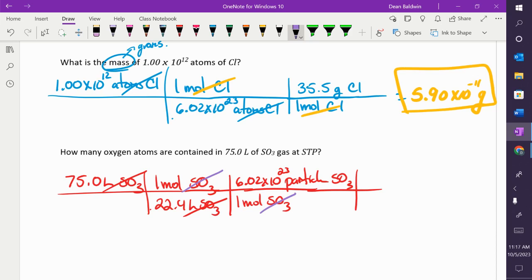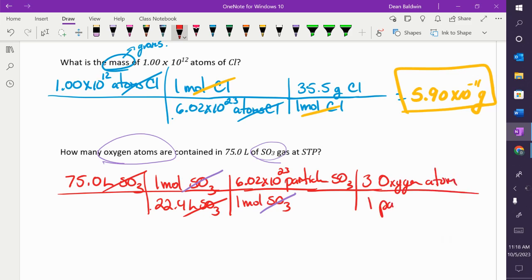So now I have particles of SO3, but what am I actually being asked? Oxygen atoms. How many oxygen atoms are there in 1 molecule or particle? 3. So that means there are 3 oxygen atoms for 1 particle of SO3. So now the SO3 units cancel, and you're left with oxygen atoms. And I want you to please type that into your calculator and spit out the answer.